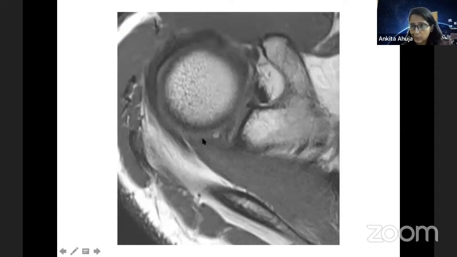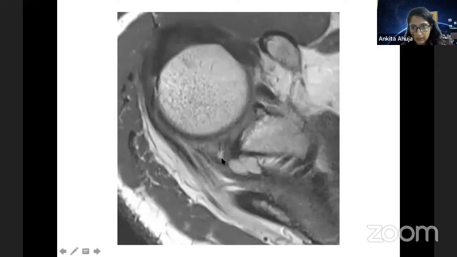So we go down to our axial images and see the labrum. So once you start seeing the labrum, if you can identify, this is a small anterior superior triangle which we can see, but posterior superiorly you cannot identify any discrete labrum. Okay, this is definitely torn and doesn't look good.